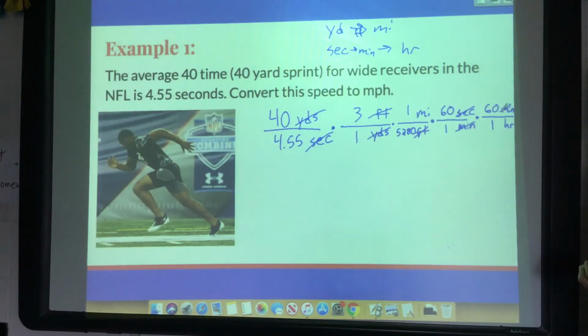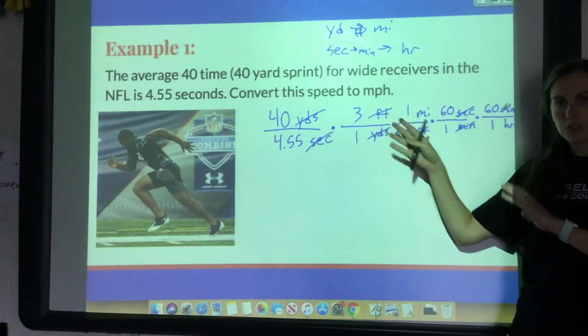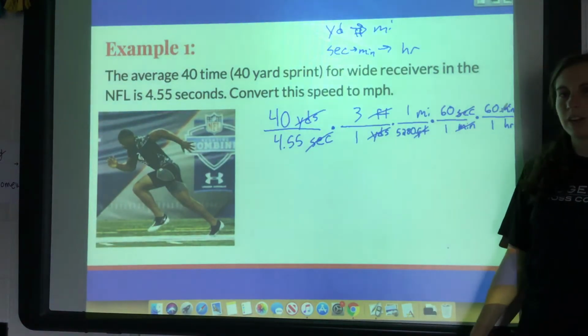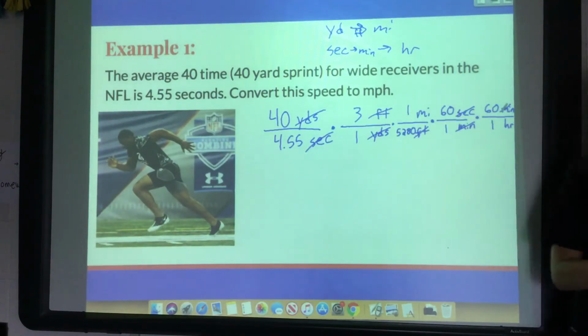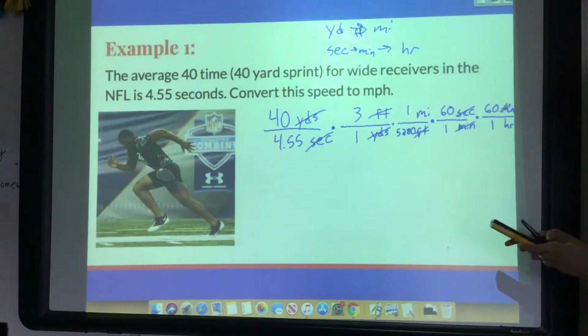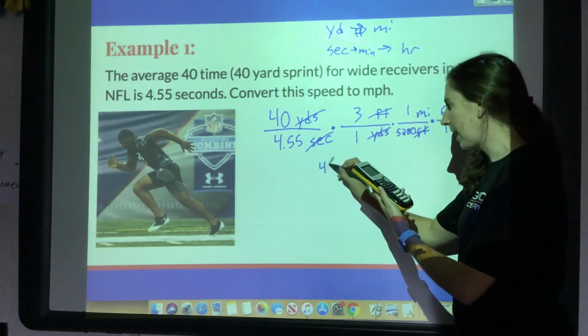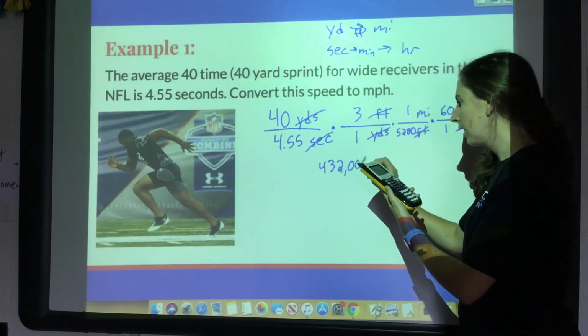So, with all this mess, these are still just fractions. So like you do with any fractions, you multiply straight across the top and see what you get, which is 40 times 3 times 1 times 60 times 60. So on the top, I got 432,000.